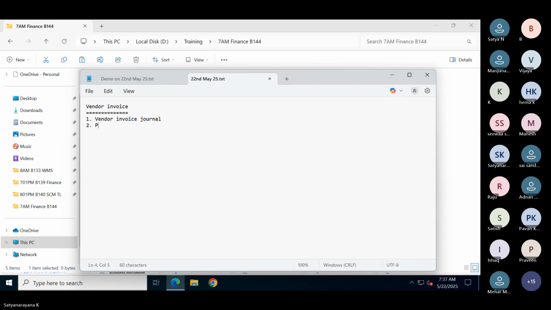Second, purchase order to invoice. Third one, pending vendor invoice. Fourth one, invoice register. Next, invoice journal, invoice pool.